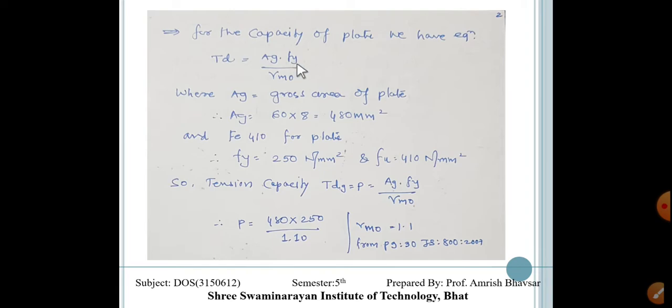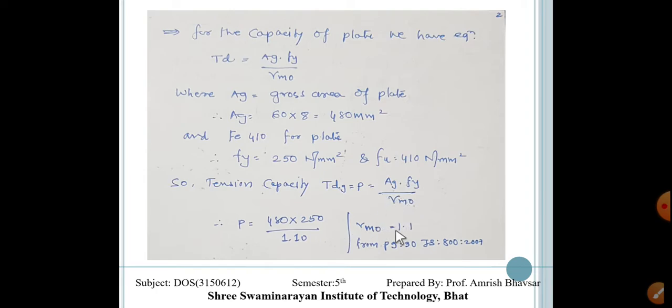In this equation we have to take Fy, means it is 250 Newton per mm square. So the total tension capacity of this plate, Td, is equal to P. We have indicated P over here, that is why I have written P, is equal to Ag into Fy upon gamma m0. What is Ag? It is 480 mm square that we have calculated, and Fy is equal to 250. And what is gamma m0?